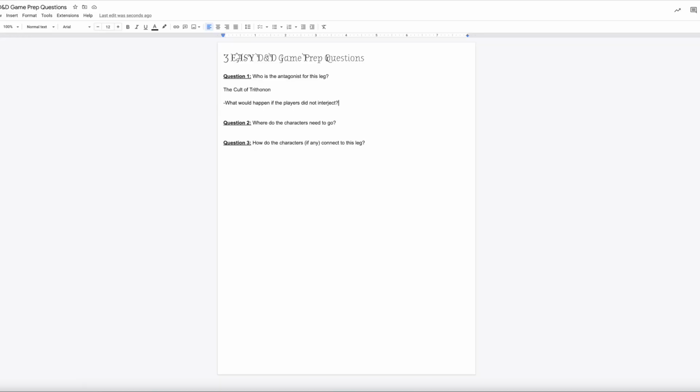So for me, what would happen if the players did not interject? The answer is the cult would find the evil staff.